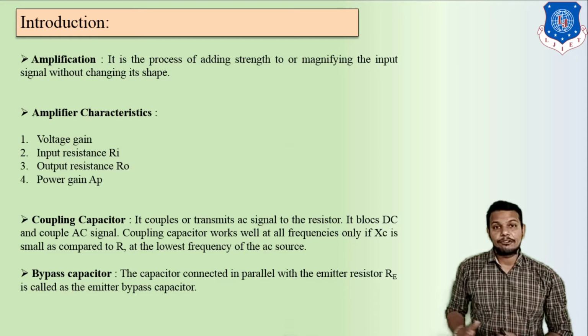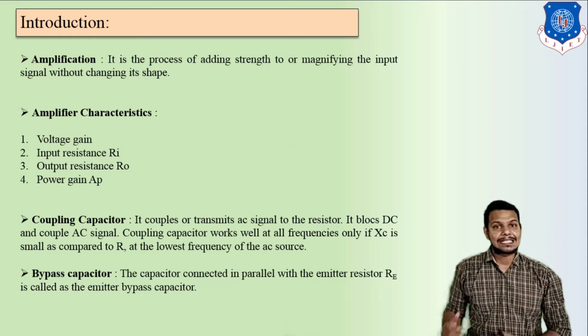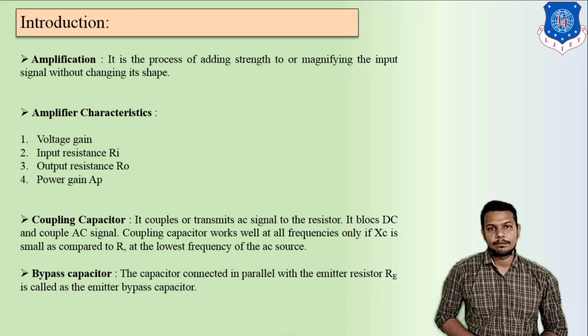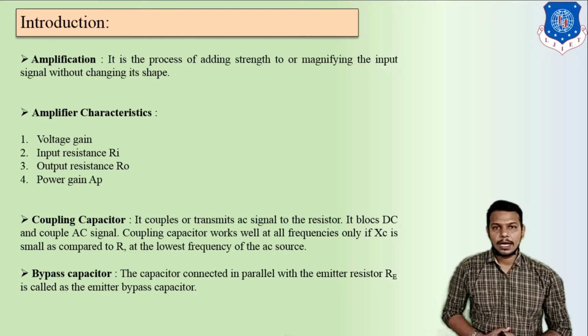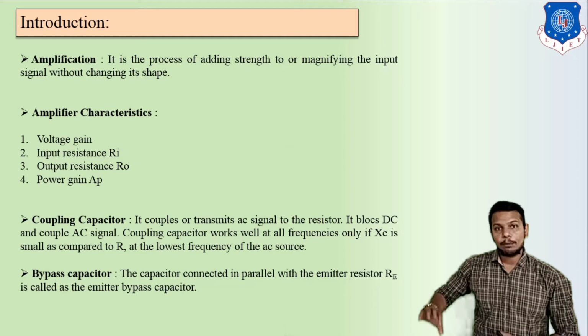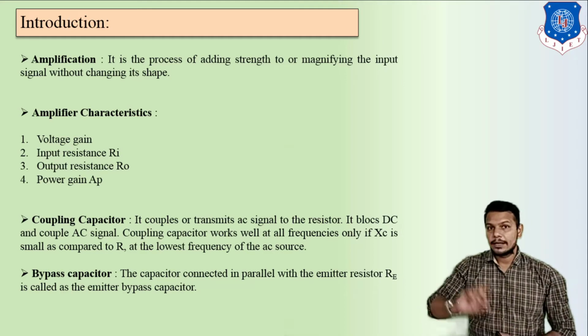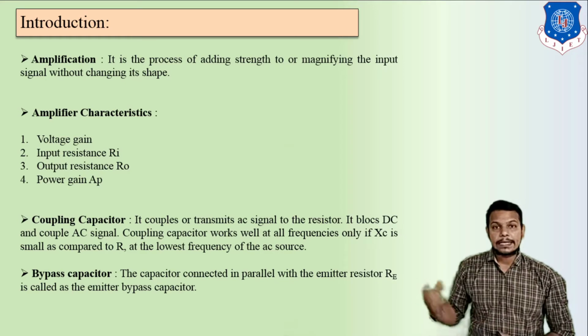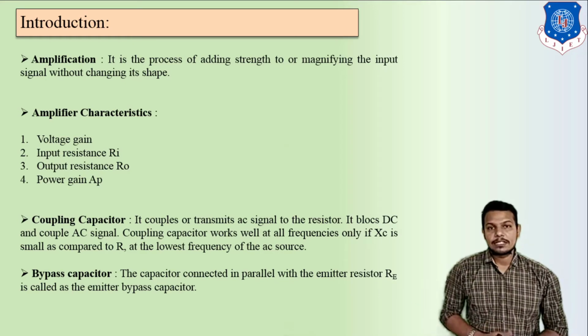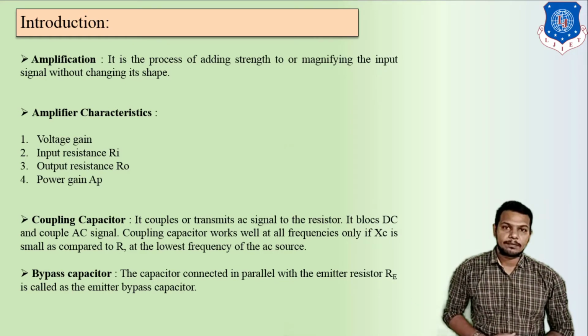The equation is Xc = 1/ωC = 1/(2πfC), where f is frequency. In DC there is no frequency, or we can say 0 Hertz.